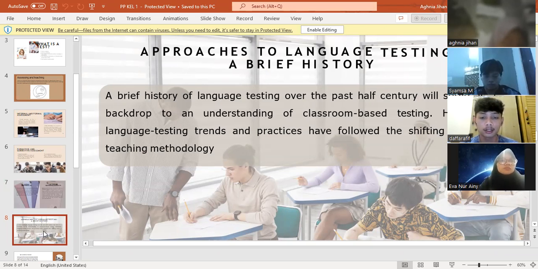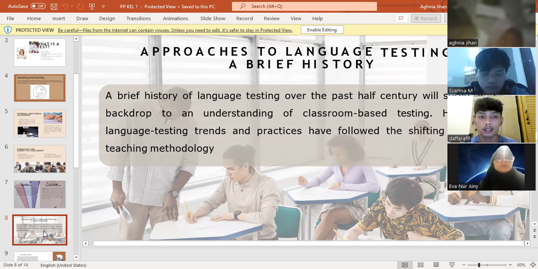For example, in the 1950s, an era of behaviorism and special attention to contrastive analysis, testing focused on specific language elements such as the phonological, grammar, and lexical contrasts between two languages.